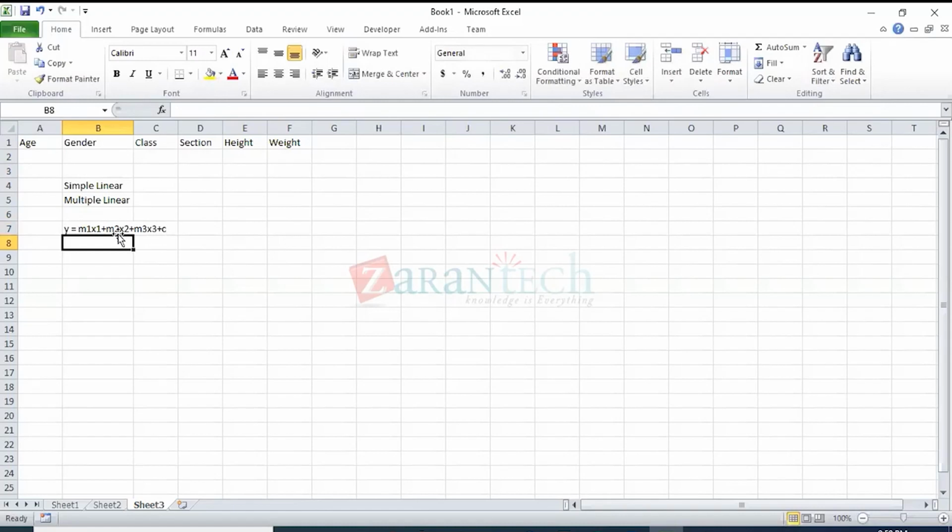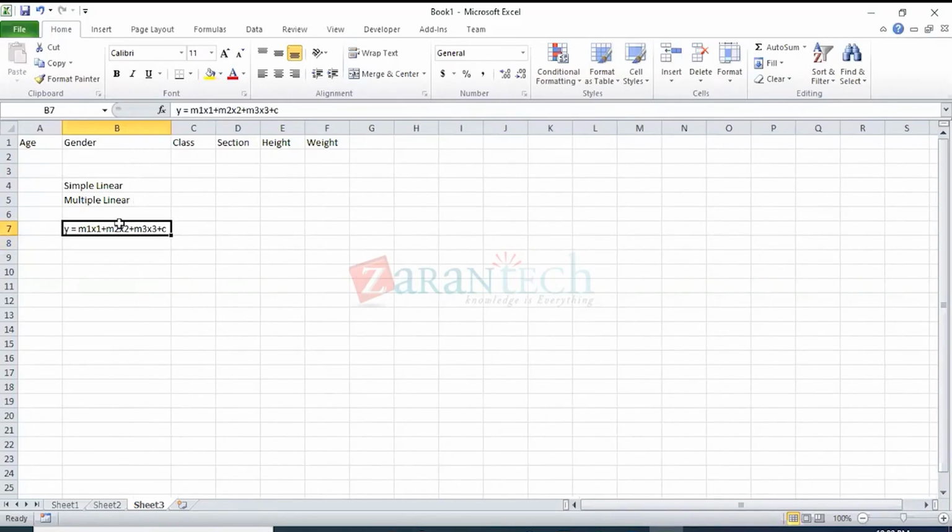Okay, so it will be just extended from y is equal to mx plus c to y is equal to m1 x1 plus m2 x2 plus m3 x3 plus c. Okay, so the theory behind it all remains the same. It's just that my equation is extended to include all the variables.